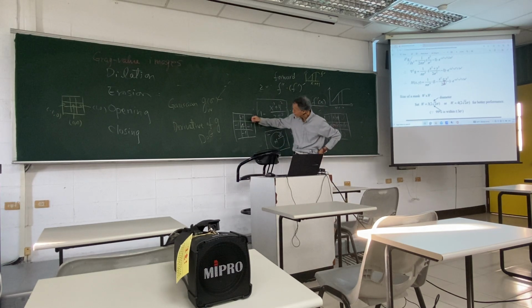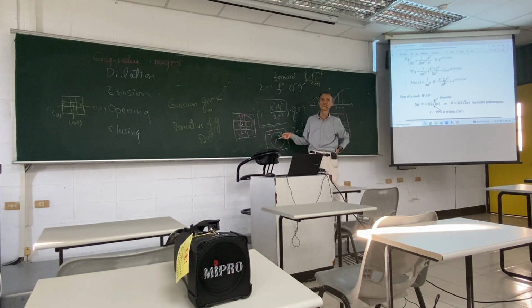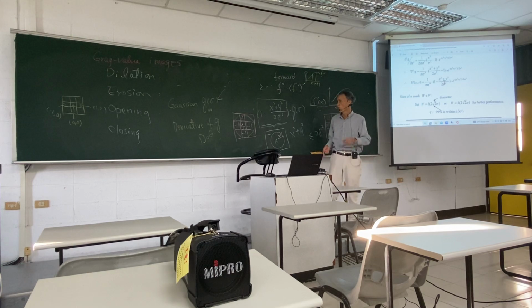Everything inside the circle is positive. Everything outside the circle will be negative. That's the idea for the LOG, Laplacian of Gaussian.